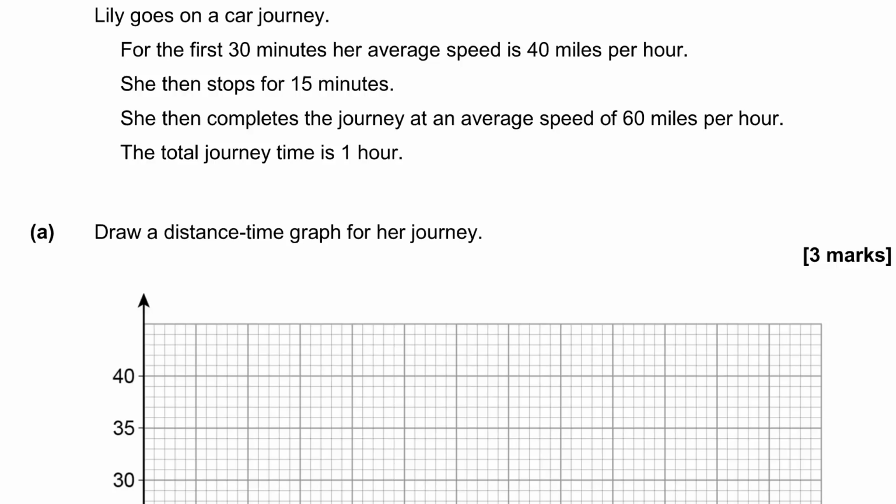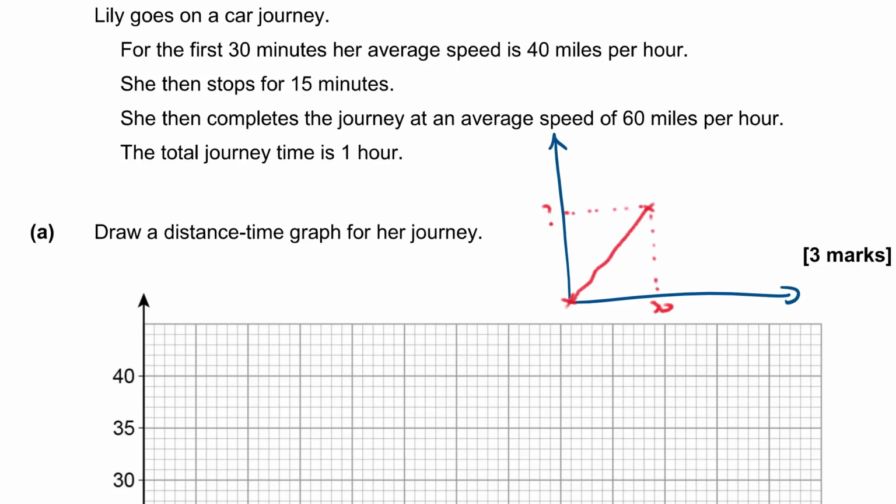Okay, so before we draw the graph properly, let's just quickly sketch out what we're expecting. She's going to start at 0, 0, and she's going to travel for 30 minutes at an average speed of 40 miles an hour. Now, that should be a straight line section, shouldn't it? Which takes us up to, well, we're going to have to work out what that height is.